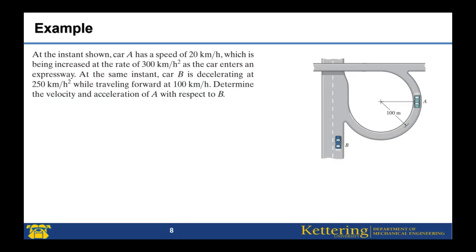Okay, let's solve this problem. Selecting both cars as particles, they have independent motion. Car A has a speed of 20 kilometers per hour.